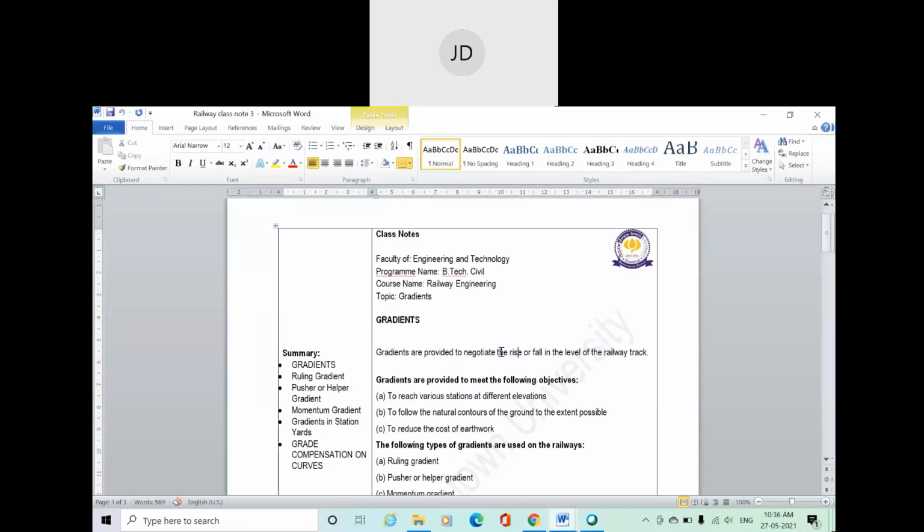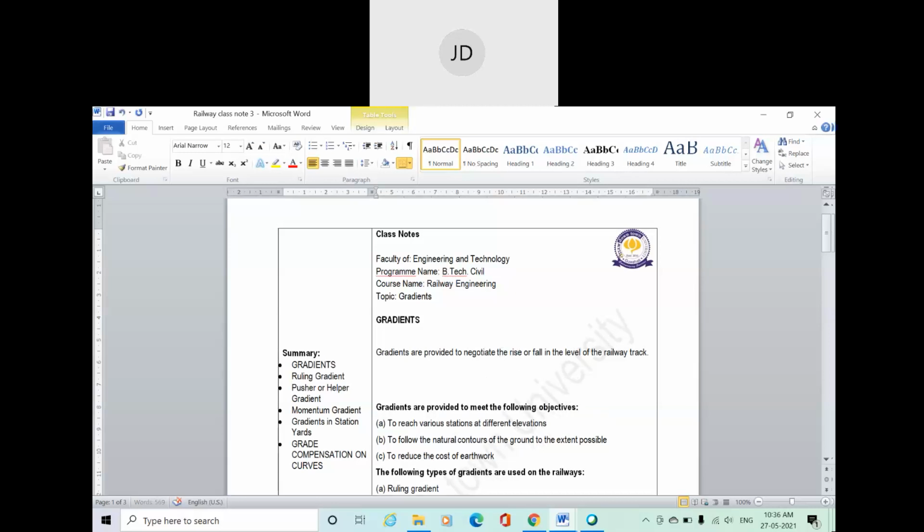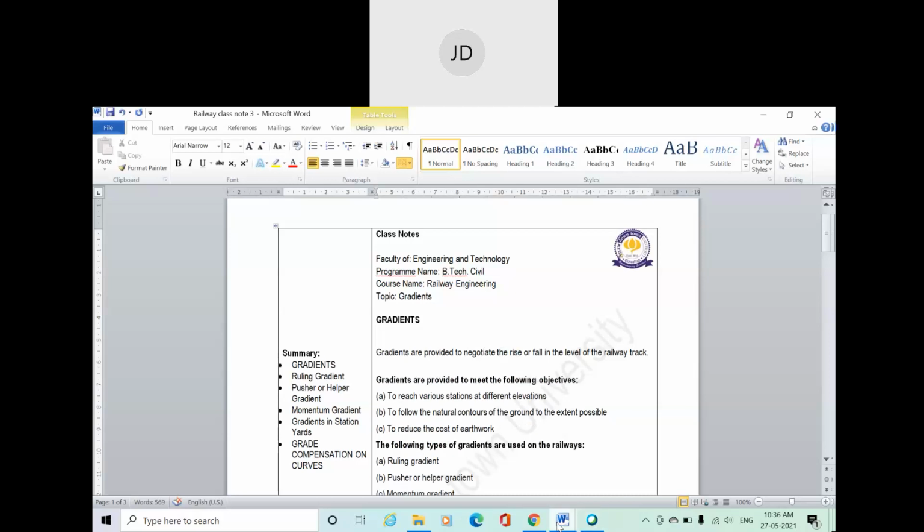So gradient is your longitudinal slope. I'll write it here.